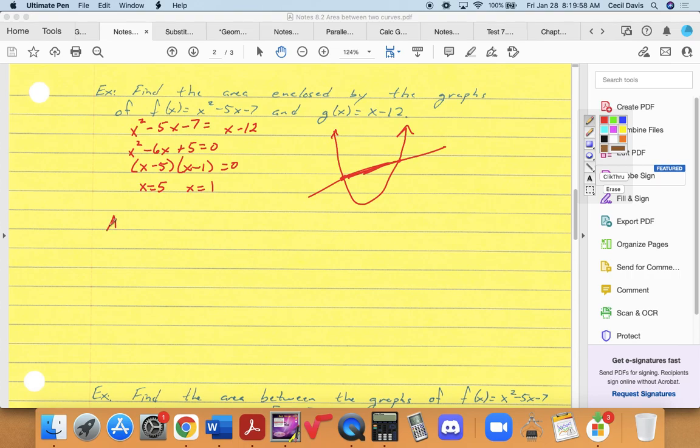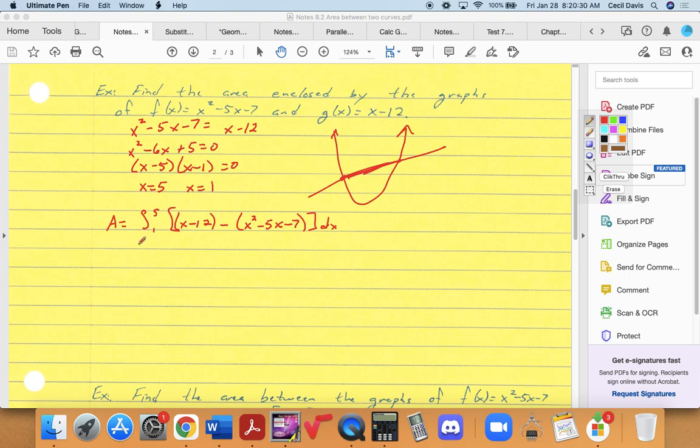So the area is going to be the integral from 1 to 5 of the line x minus 12 minus the parabola x squared minus 5x minus 7, all dx. Notice that here we took the parabola minus the line when we were solving.